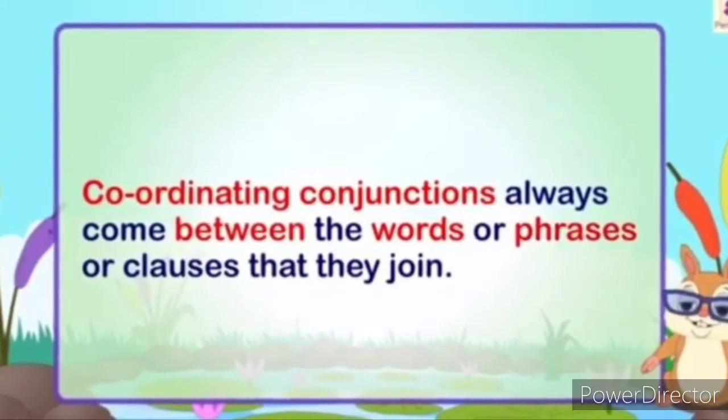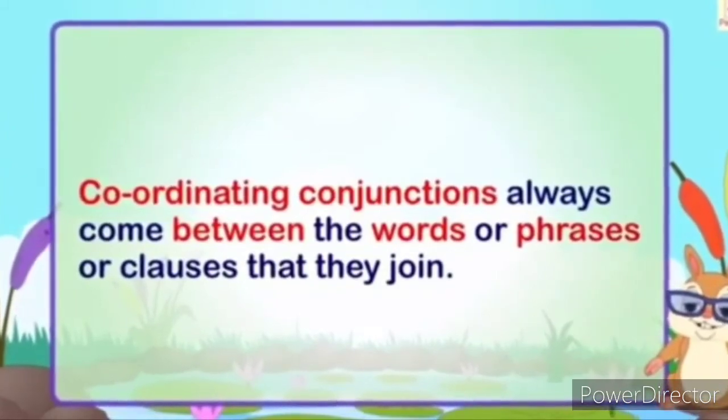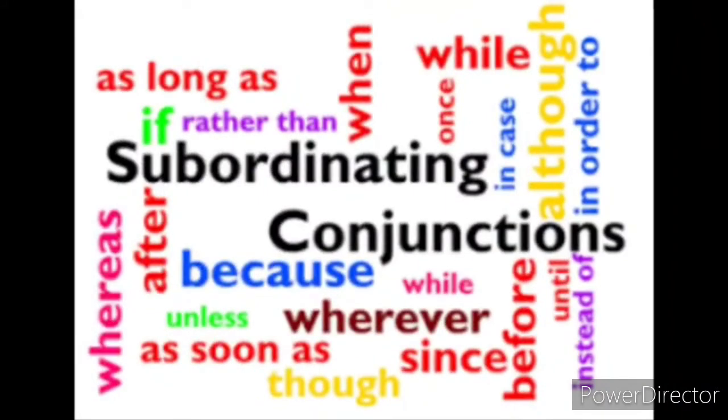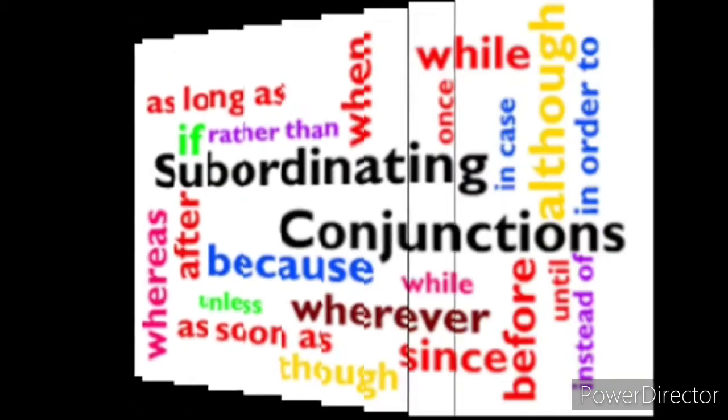Let's move on to the next type of conjunction, that is the subordinating conjunction. What is meant by subordinating conjunction? As I told you before, subordinating conjunctions are the conjunctions used to join two main clauses, one dependent and the other independent.